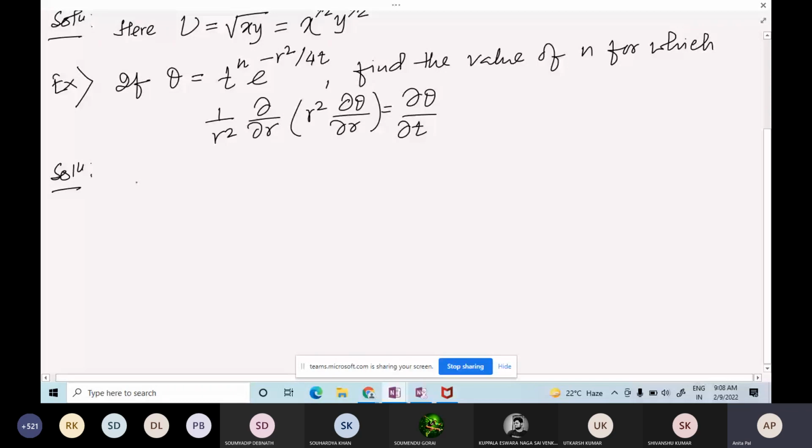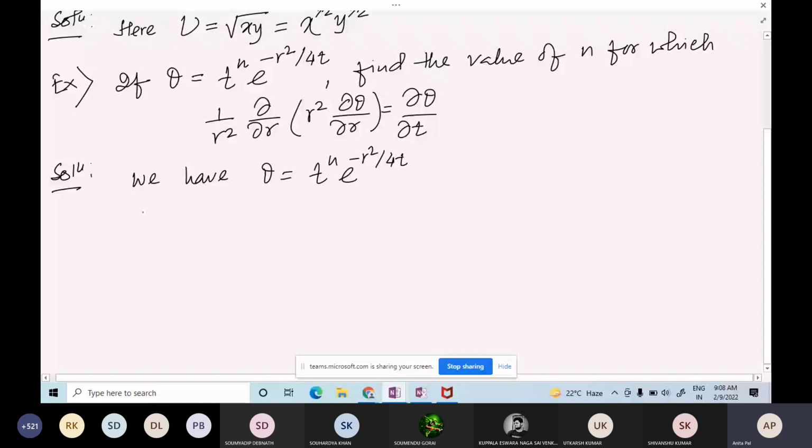We have theta equals t to the power n e to the power minus r square by 4t. Now we'll differentiate this partially with respect to r.